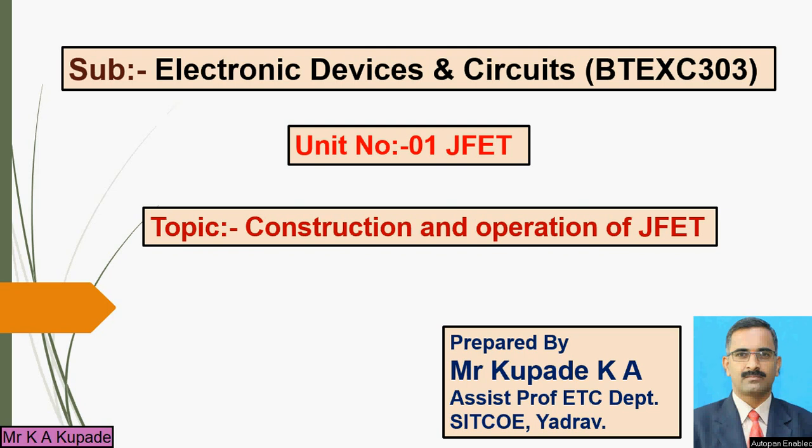A JFET looks like a BJT, and it is similar to a BJT, but there is a difference between BJT and JFET. The important difference is that a BJT is a current operated or current controlled device, whereas a JFET is a voltage operated device.